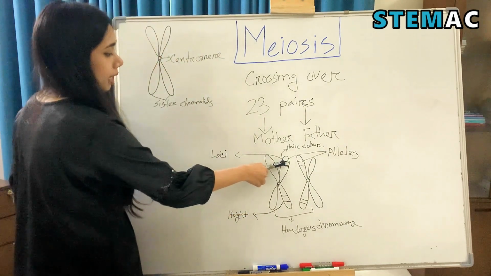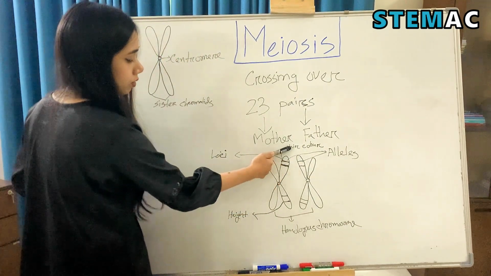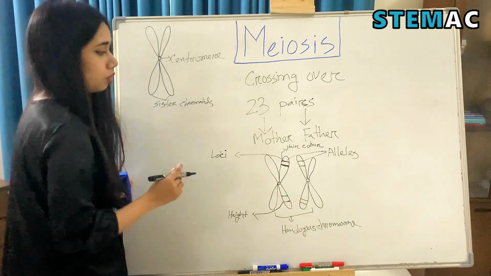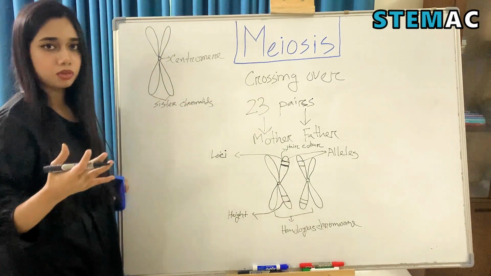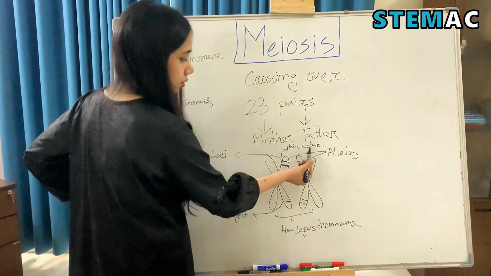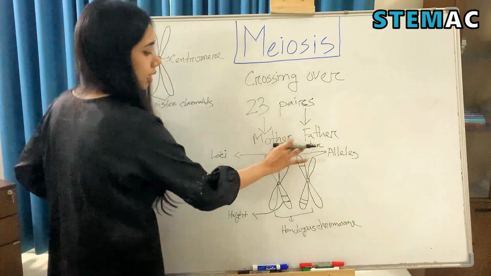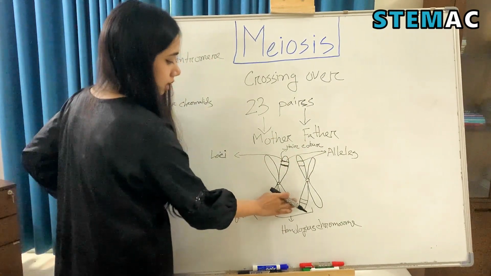So this is one allele of the gene for hair color and this is another allele of the gene for hair color. A particular gene can have one or more alleles. Here we have two alleles for hair color, and the same goes for height: we have two alleles for the gene for height.